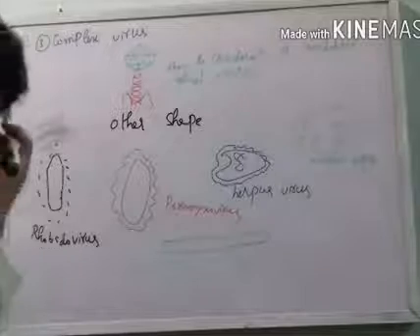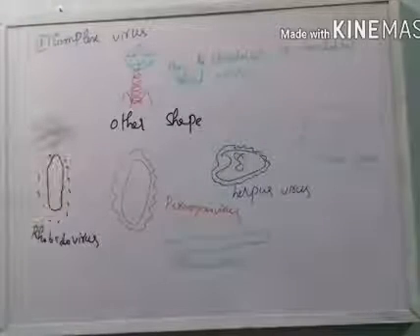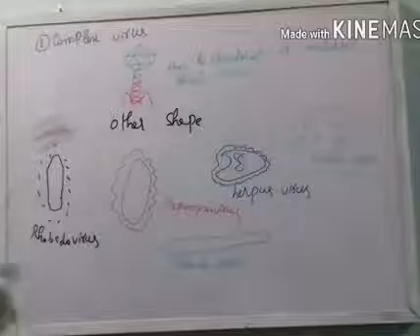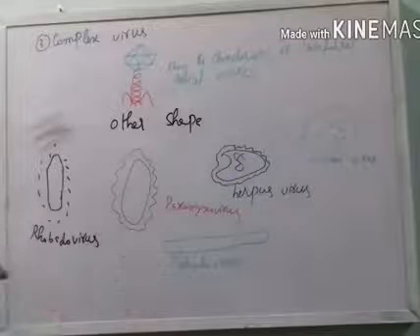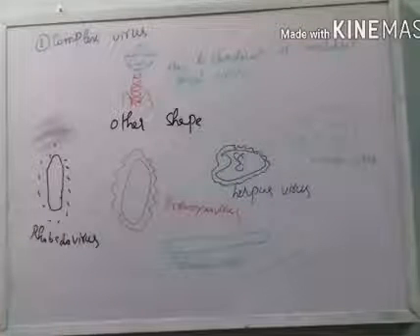In a rod form we call that the tubulovirus. So the tubulovirus will look like a rod shape in the electron microscope.